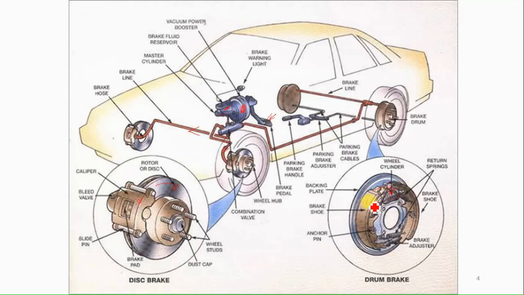As a result the brake shoes move in opposite directions, and the brake drum is stopped or slowed down. So the braking action can be performed either by the brake drum or by the disc brake with the help of the hydraulic fluid.